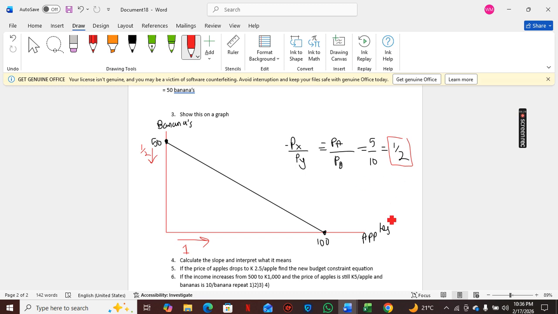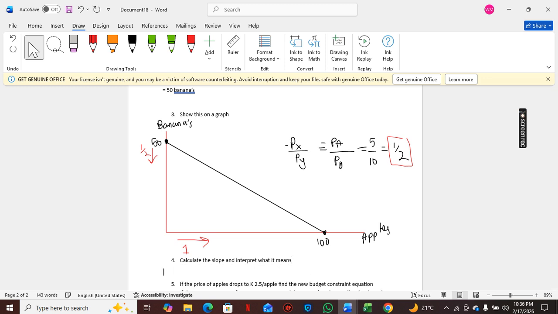So when they say to interpret this, calculate the slope and interpret what it means. In order to get one more apple, you have to give up half or 0.5 bananas.